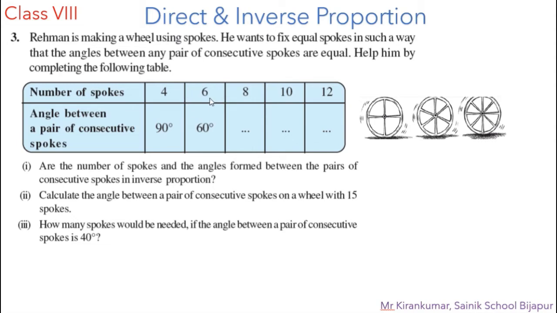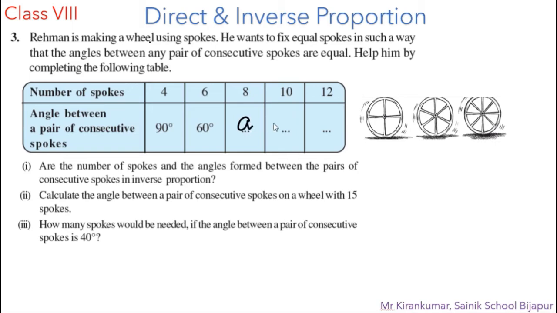If the number of spokes are 6, it is 60 degrees. You observe here, as the number of spokes are increased, the angle between the consecutive spokes will decrease. So this particular question is related to inverse proportion.